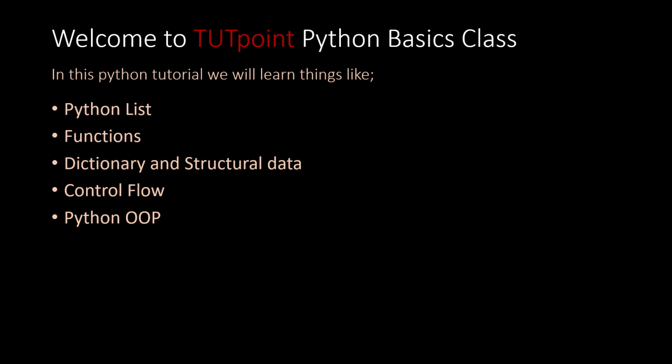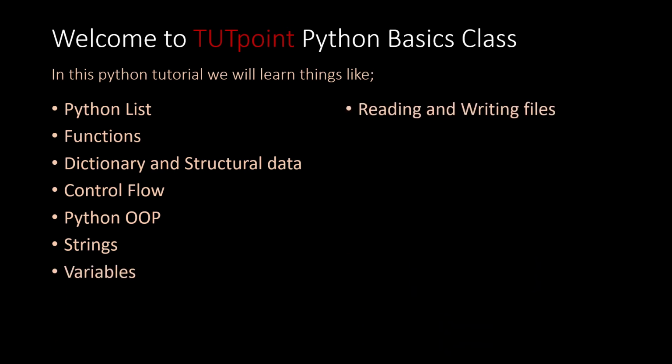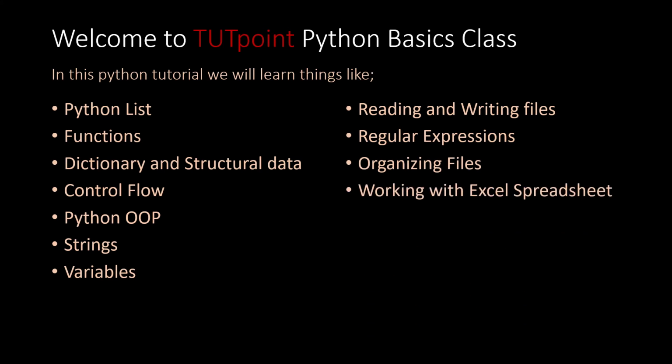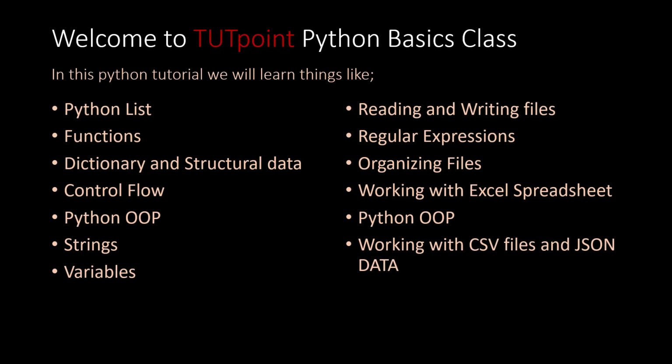If you have a background with Java, you know what OOP is. We'll also talk about strings and variables. We're going to learn reading and writing files, the use of regular expressions, organizing files, working with Excel, and working with CSV files and JSON data.